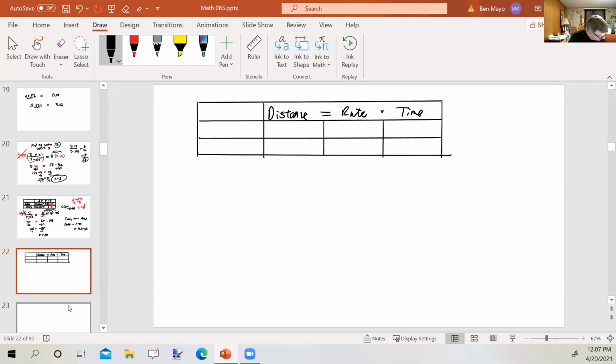let's see here. A boat that travels 18 miles per hour in still water can travel 22 miles per hour downstream. Okay, so we've got downstream, and it's going to go 22 miles in the same time as it takes to travel 14 miles upstream.